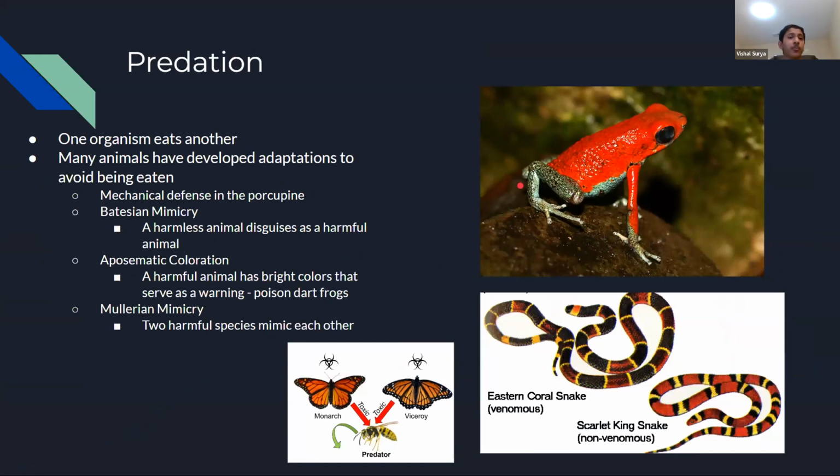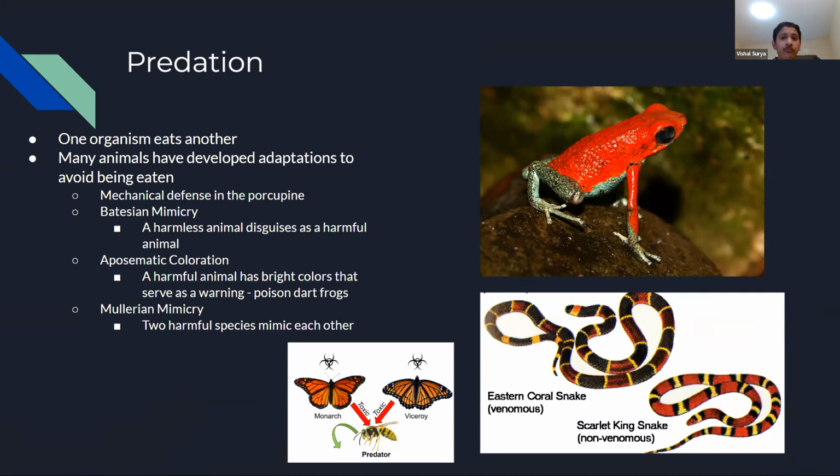So next we'll talk about predation. Just like it says, predation is one organism eating another organism. Pretty simple. But the main thing about predation that tests such as the USABO tests ask about is how animals defend themselves from predation. They developed a lot of different adaptations that keep them from being eaten. The first is mechanical defense.